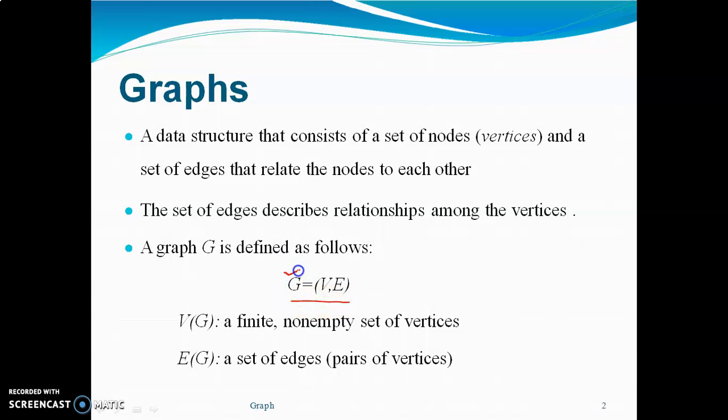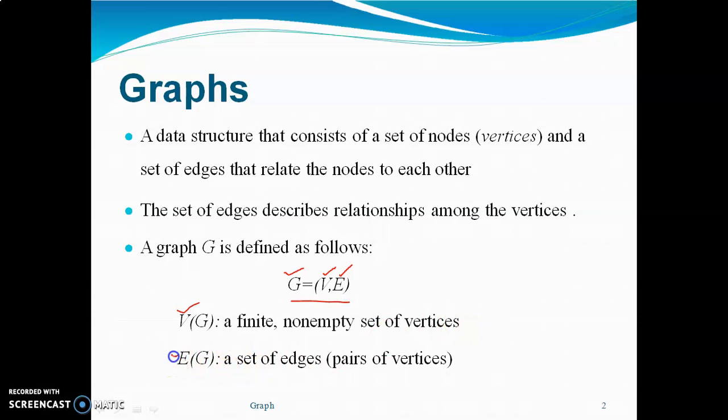The graph is represented with the letter G, vertices with the letter V, and edges with the letter E. So V of G, the vertices of the graph, is a finite number of vertices, and it must be a non-empty set of vertices. That is, a graph must have at least one vertex.